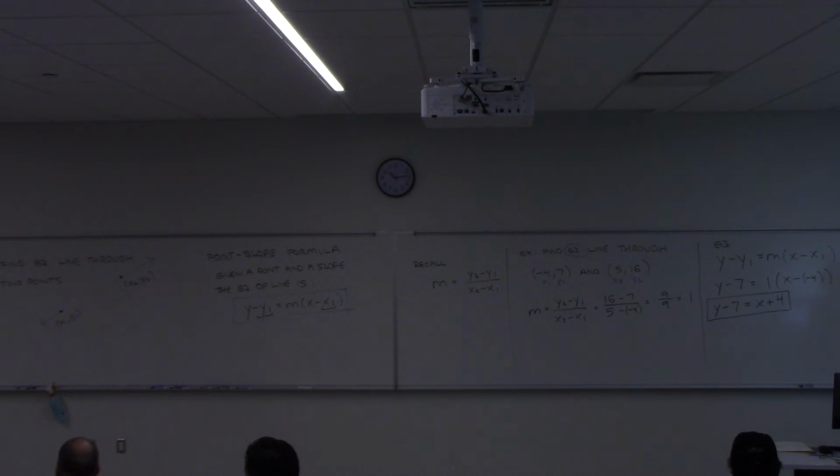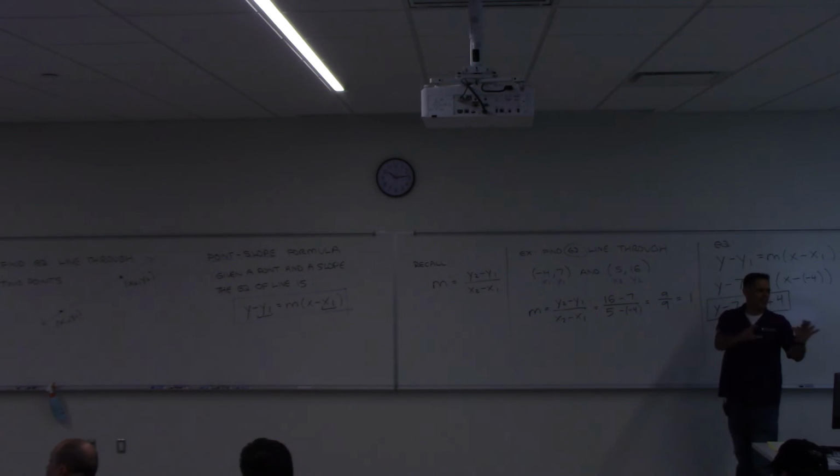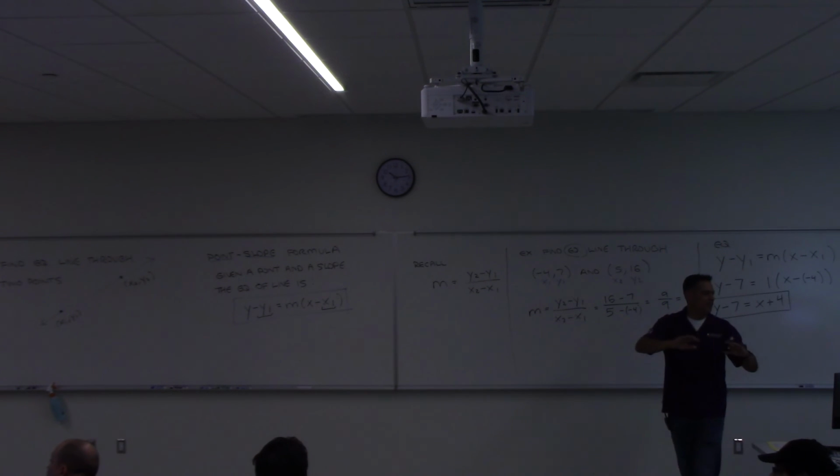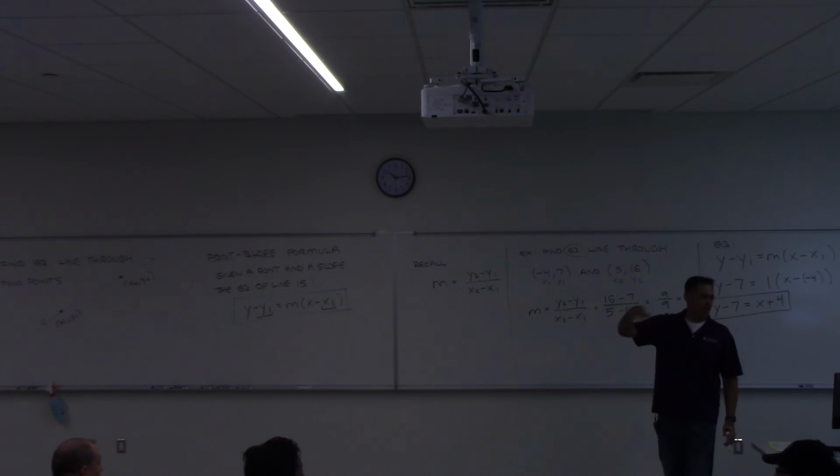I'm also going to have Desmos plot the 2 points, negative 4, 7, and 5, 16. If you look at that, you can see that indeed we have found the equation of the line that passes through those 2 points. I know it's hard to see from way over here. If there's ever a time where you can't make out enough to know what's going on, let me know.